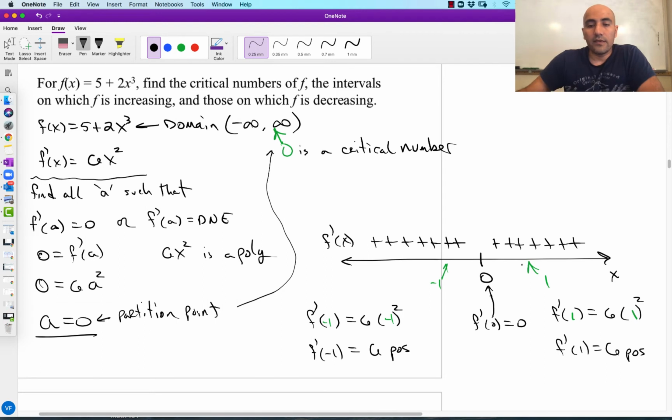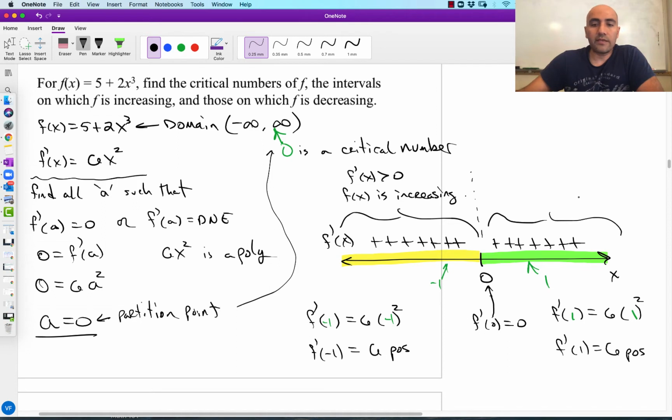So here we have that the first derivative was positive on the interval from -infinity to 0, but the first derivative was also positive on the interval from 0 to infinity. Good. So on this interval, we found that f prime of x is greater than 0, or positive, which means that we know that our underlying function f of x is increasing on that interval. And then what about over here?